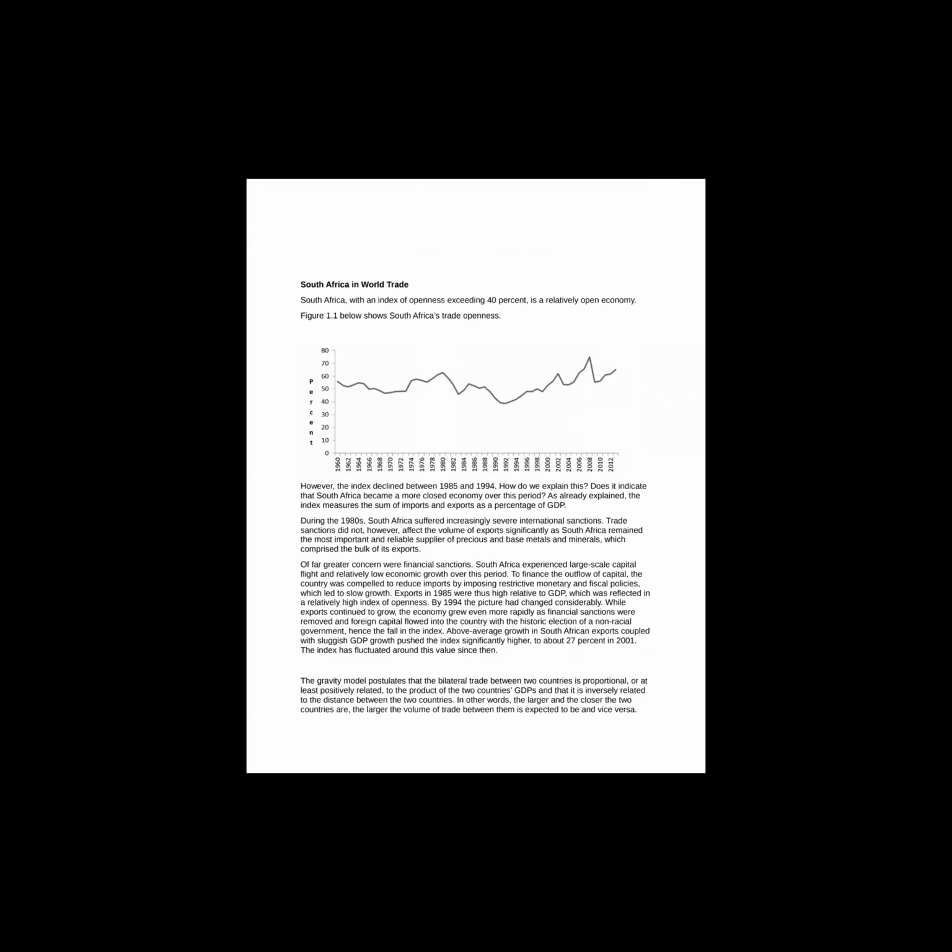So as a numerator, you have your exports and your imports, and then you divide that by the GDP. We're most likely going to come across this in assignment 2, but most of it is just going to be an analysis of what you see on the graph, the trend, and some of the reasons that could have caused a decline or an increase.